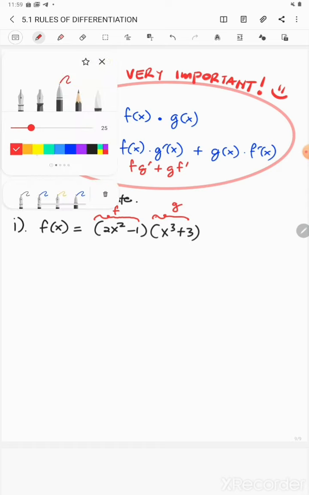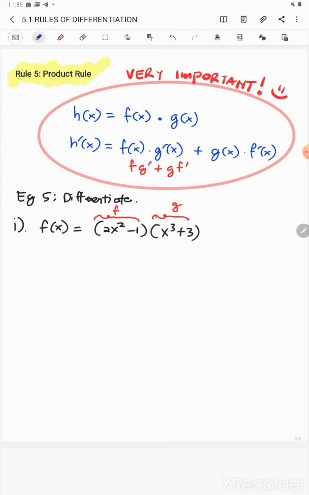So differentiate one by one. f prime x equals, first we start with f g prime plus g f prime. So for f, you just copy what's inside the bracket, so we have 2x to the power of 2 minus 1. Differentiate g, we differentiate x to the power of 3, we get 3x to the power of 2 plus 0.